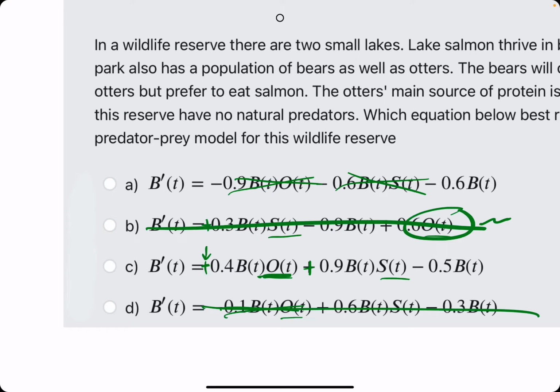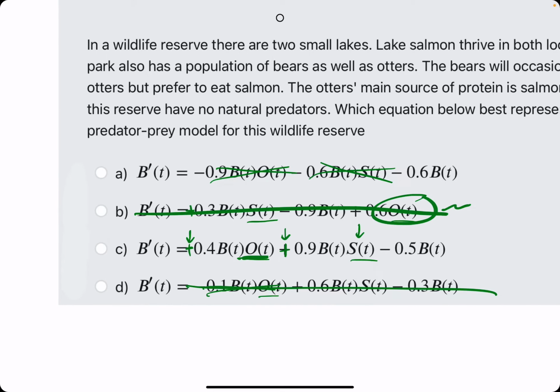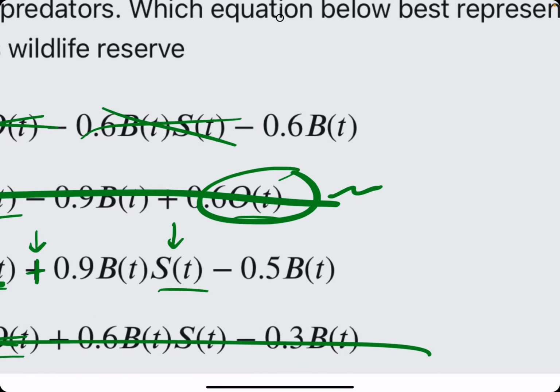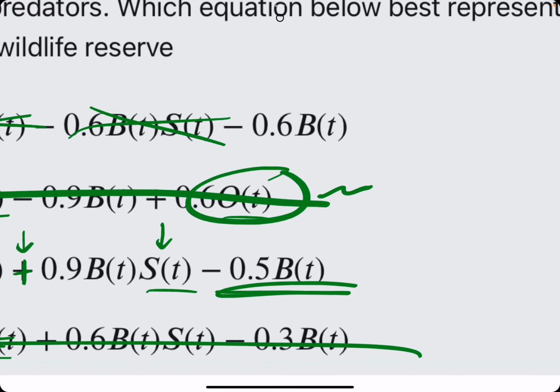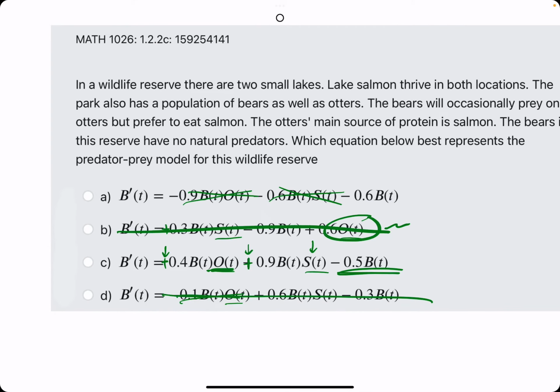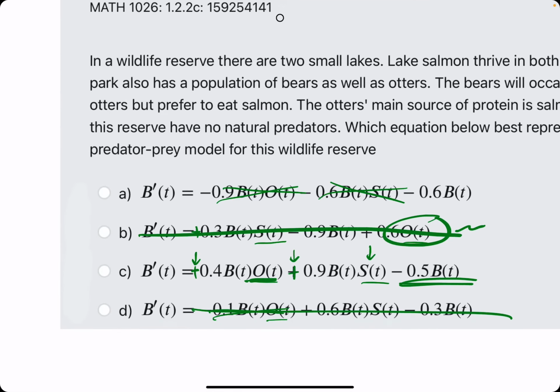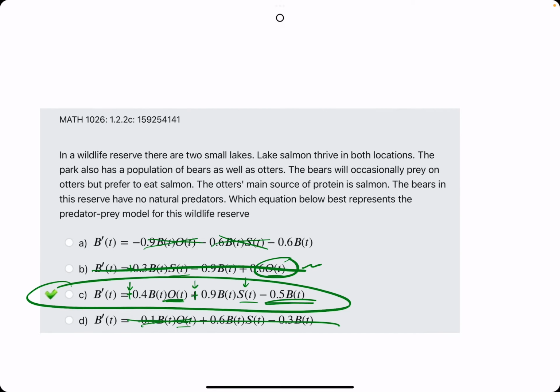The more otters there are, the more bears will be able to eat. The more salmon there are, that'll have a positive effect on the number of bears, because bears will get to eat salmon. But then it has that same effect at the end, where if there are too many bears feeding on the same prey, then there's going to be competition, so the number of bears might go down if there are too many bears, ironically. So C is our best answer of that representation.